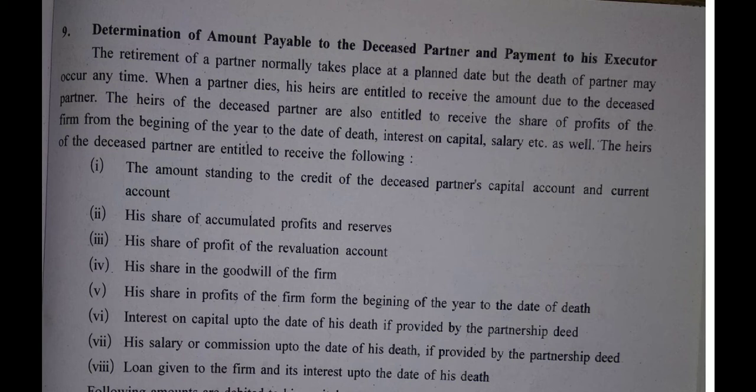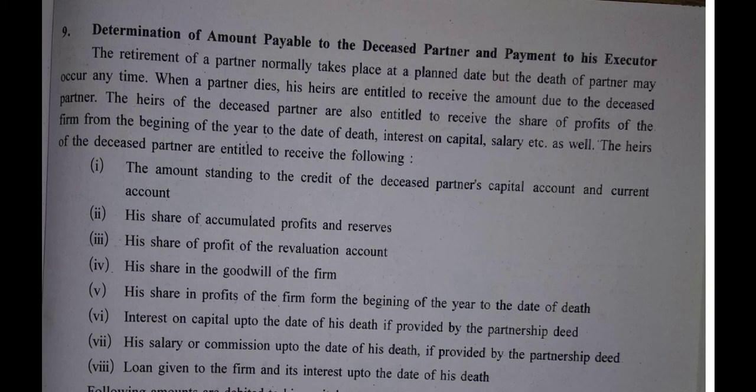Then, his share of accumulated profits and reserves. This could be general reserve, workman compensation reserve, investment fluctuation fund. Of course, you know this. What do we do with this? We distribute this among all the partners in old ratio. Yes?